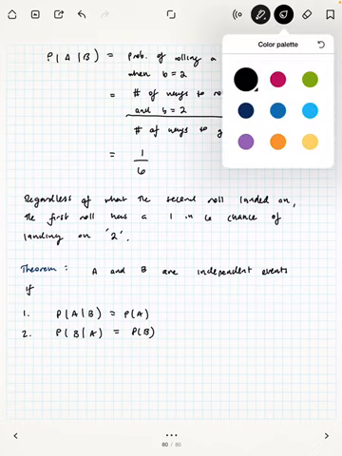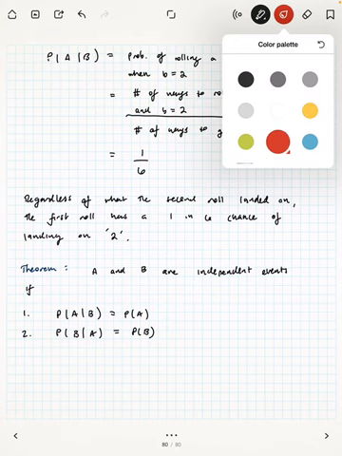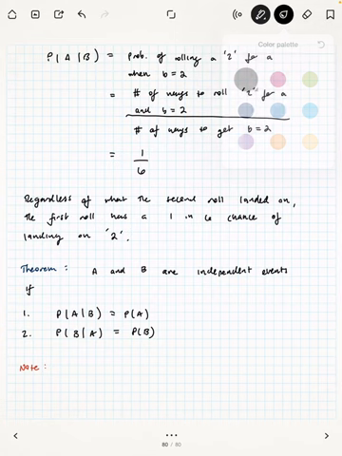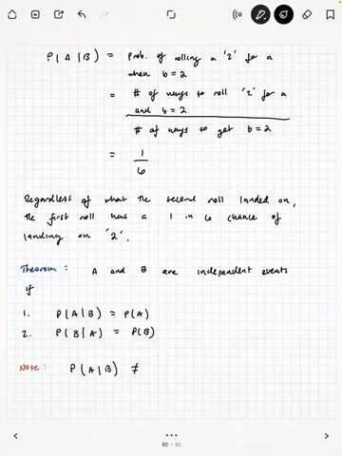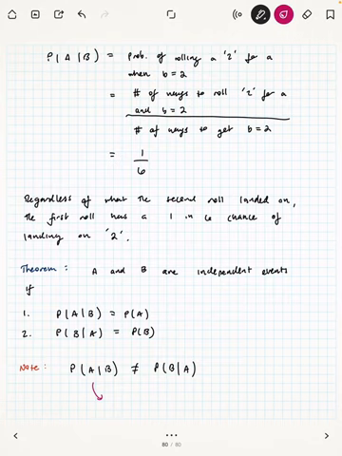One important thing to note here with conditional probability that I think may have escaped my attention earlier: it's common to confuse or to think that these two things are the same, but the probability of A given B is not in general equal to the probability of B given A. This is sometimes called the confusion of the inverses, but if you are ever confused, make sure you say out loud what that probability is actually saying.